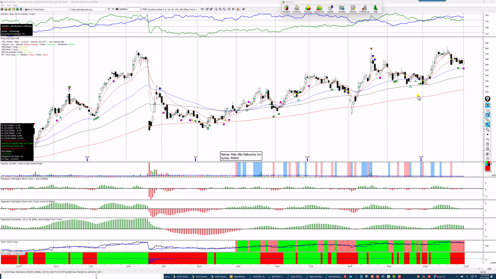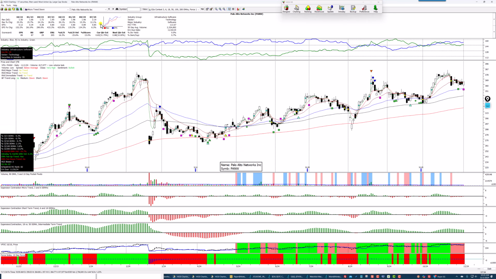Now here are the earnings I was talking about. You can see the E and the amount. And if I open up the fundamentals, you can see that this 85 cents is equal to this 85 cents down here. And this 89 cents is equal to this up here, and so on.